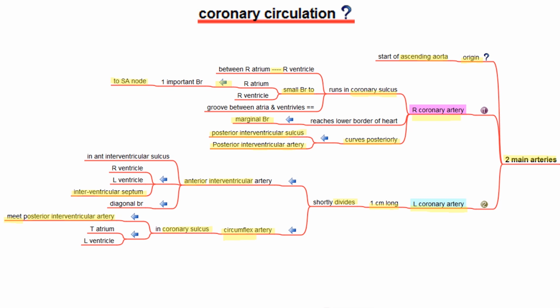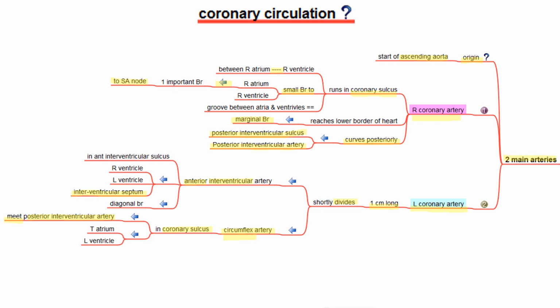As it reaches the lower border of the heart, it gives a marginal branch. We can recognize this marginal branch as it runs along the lower border of the heart, made by the border of the right ventricle.